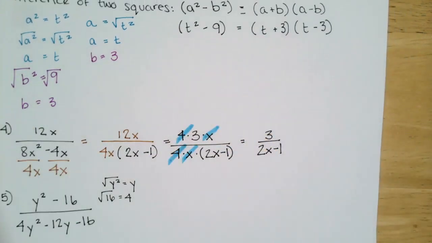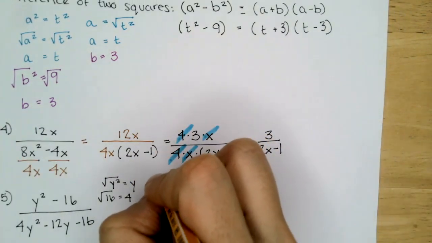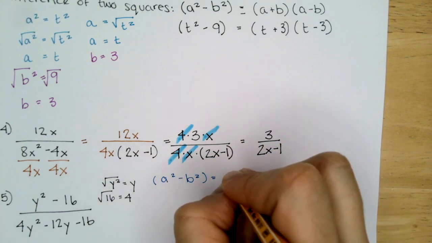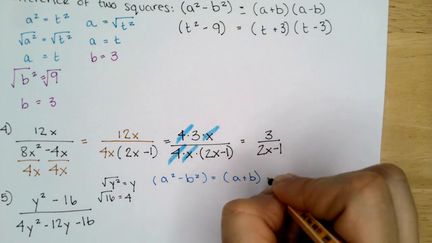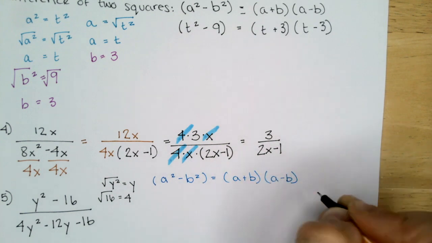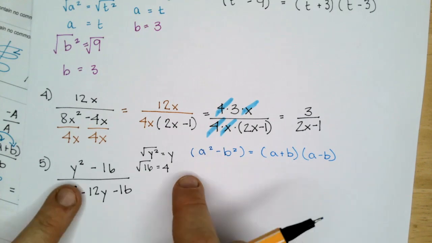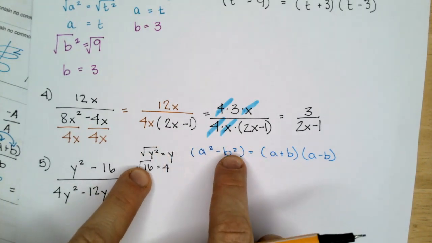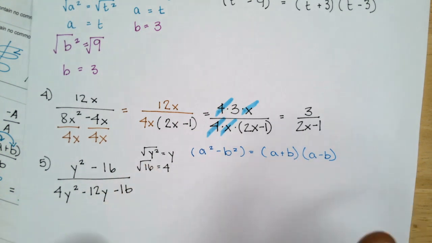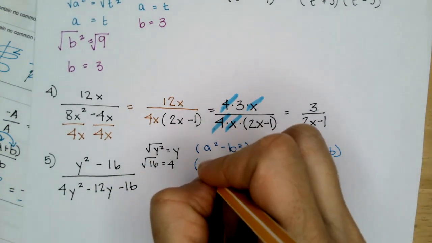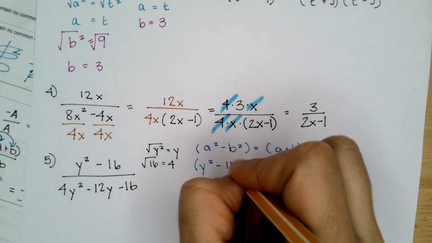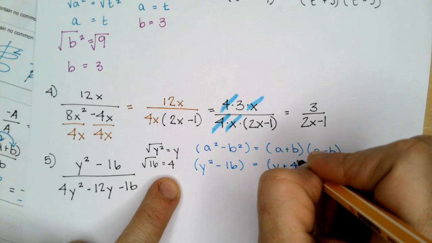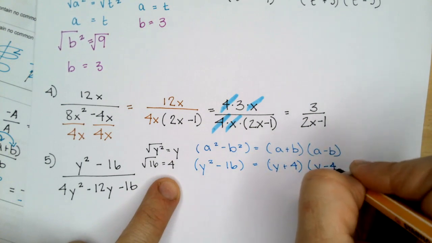The formula was a squared minus b squared equals a plus b times a minus b, right? A squared is y squared, so a is y. B squared is 16, so b is 4. So we have y squared minus 16 becomes y plus 4 times y minus 4.